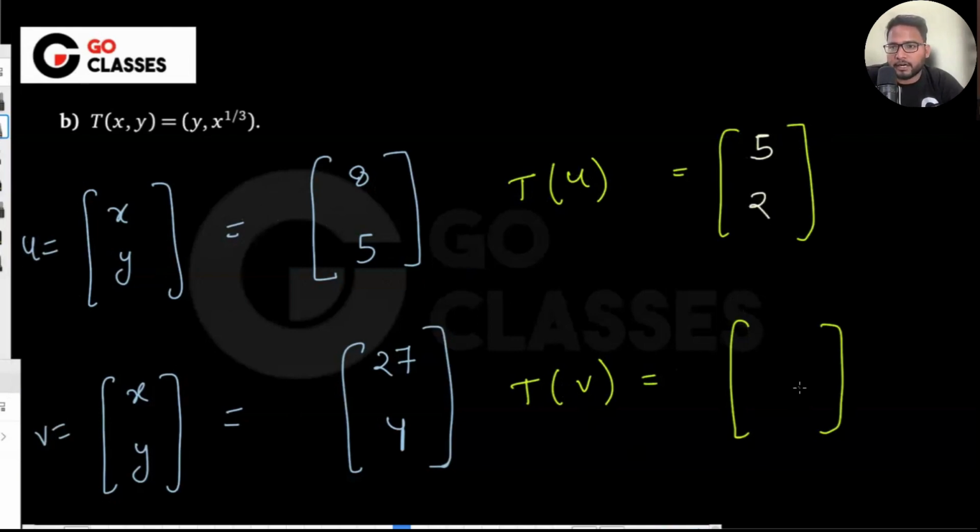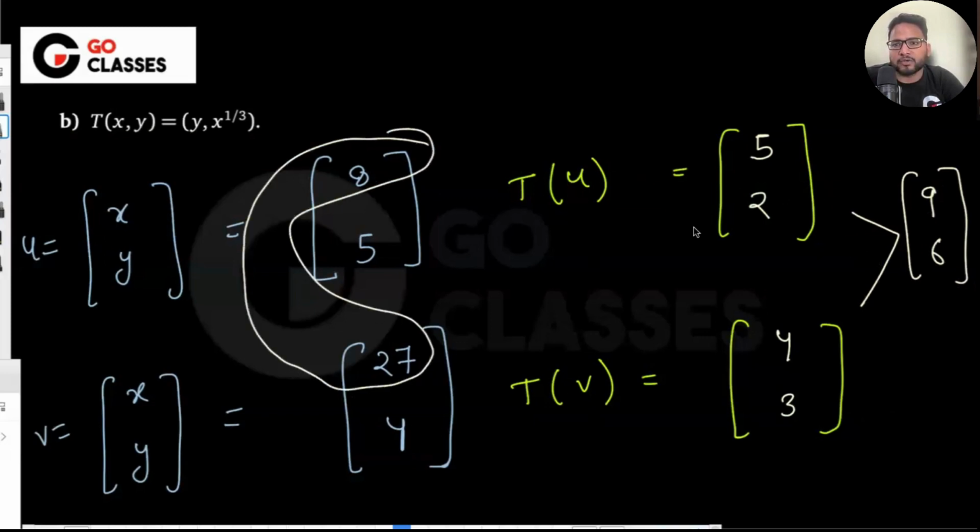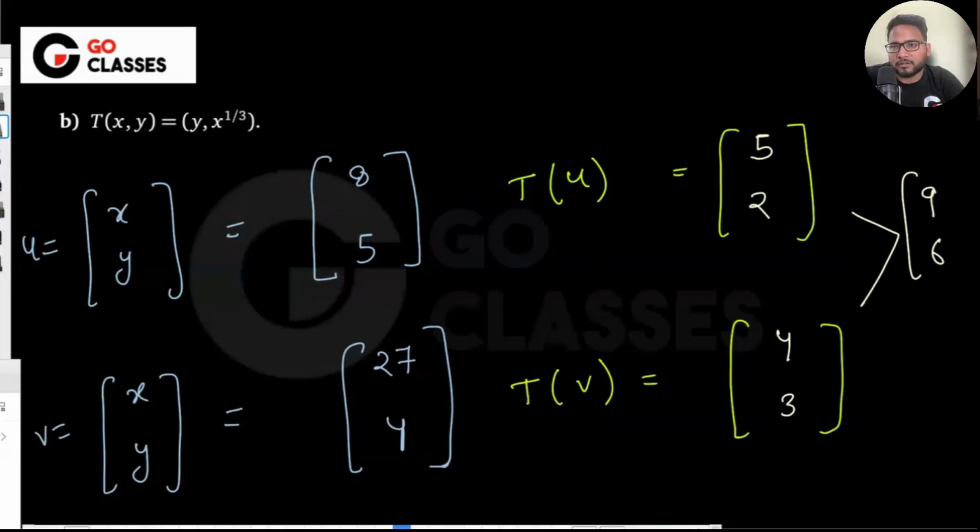And here it will be 4 and 3. So after the transformation, you are getting this. If you add them, you will be getting 9 and 5. Do you think if you first add them, this will lead to the same result?